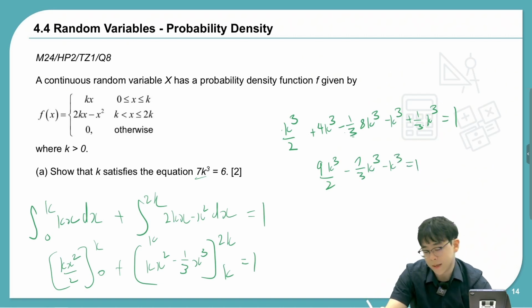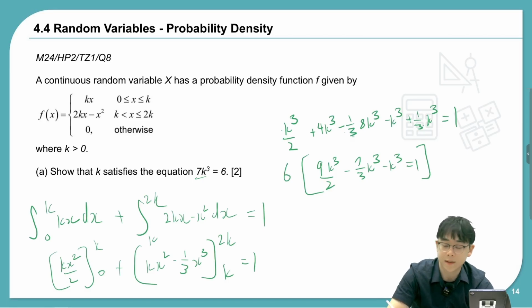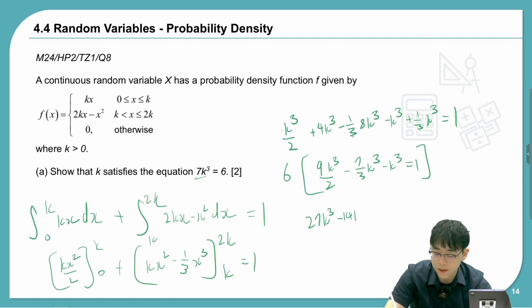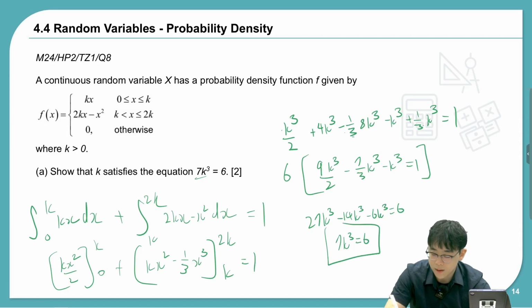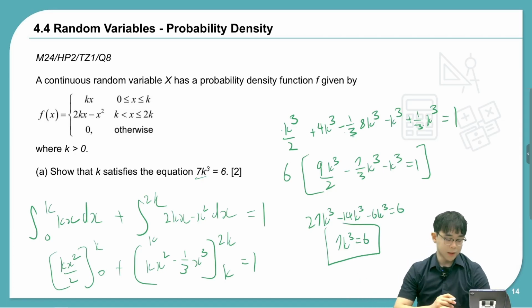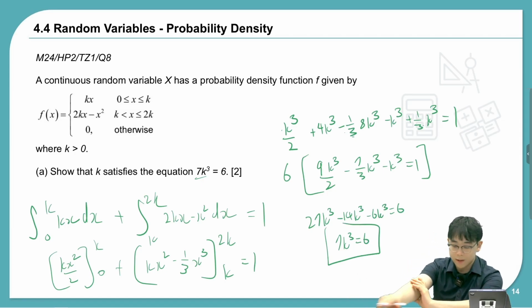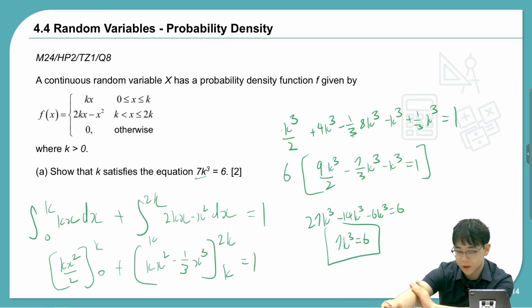Let's multiply 6 to all sides. We would get 27k cubed minus 14k cubed minus 6k cubed is 6, or 7k cubed is equal to 6. Right, so this is indeed the equation that was suggested. So we did show this relationship for k.